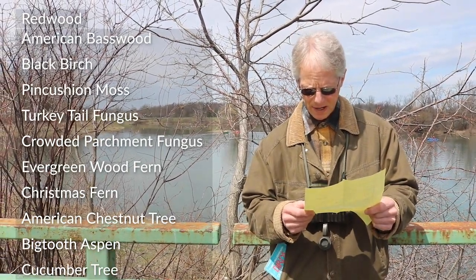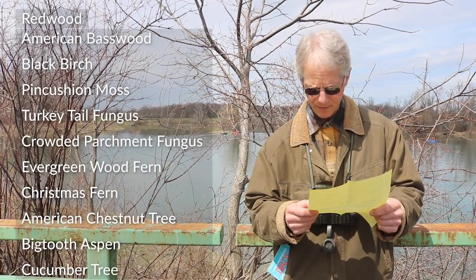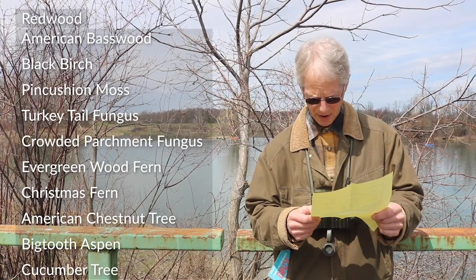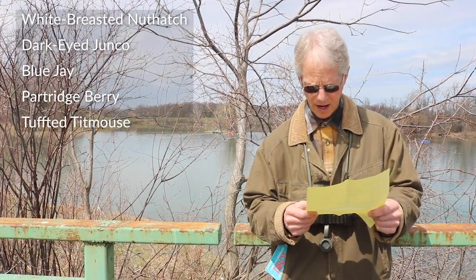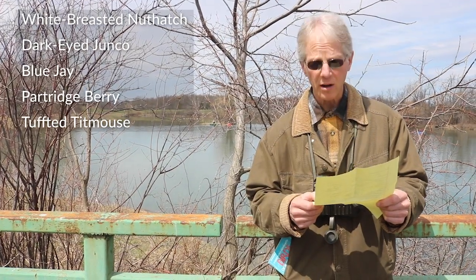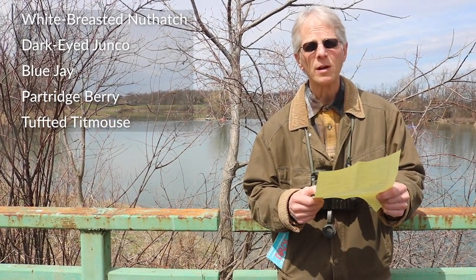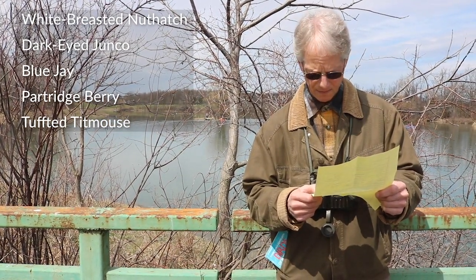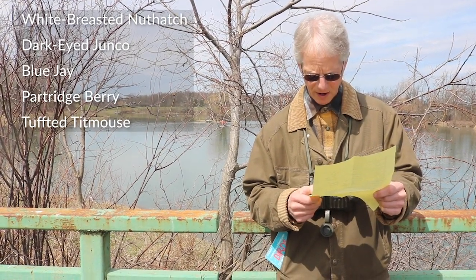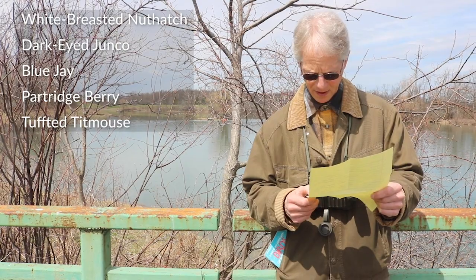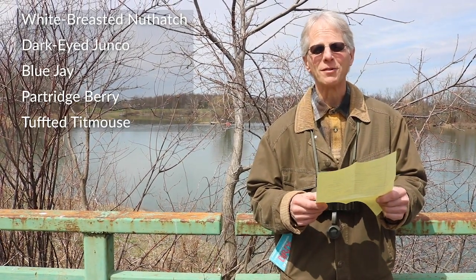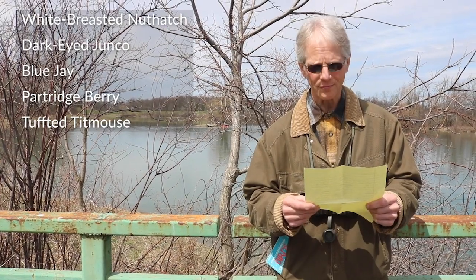And then the big-tooth aspen, the cucumber tree, and then a few birds. We had the white-breasted nuthatch, the dark-eyed junco, the blue jay, and we finished up with partridge berry and the tufted titmouse, another interesting bird of the forest.